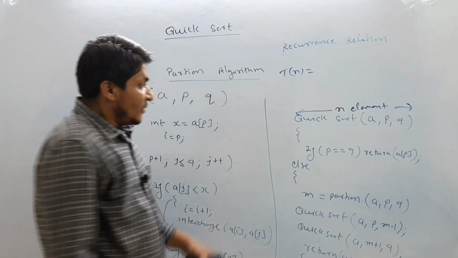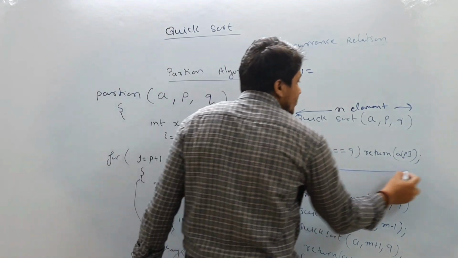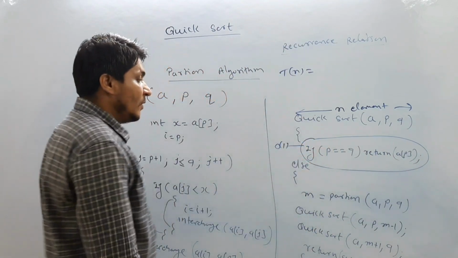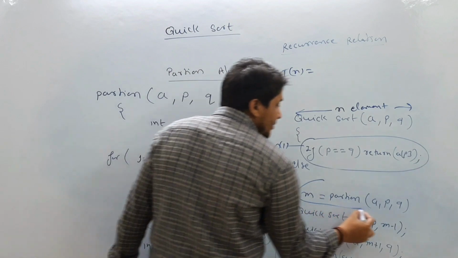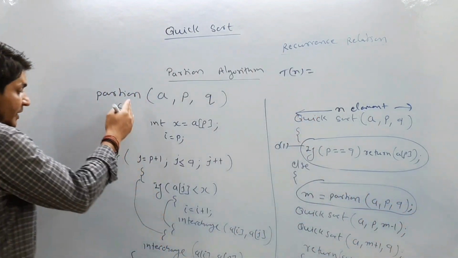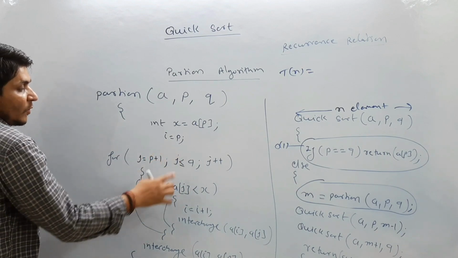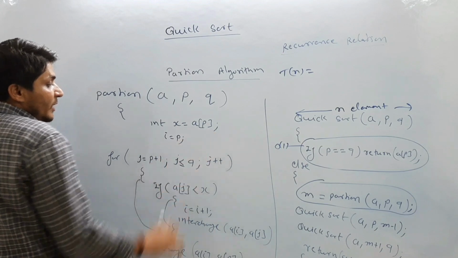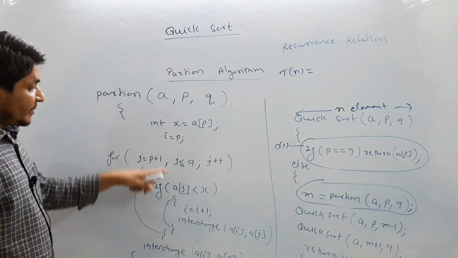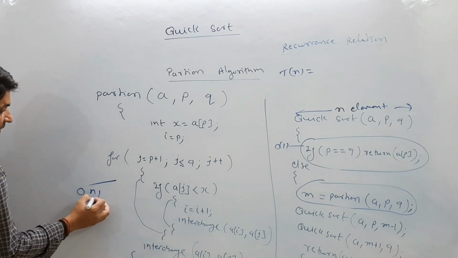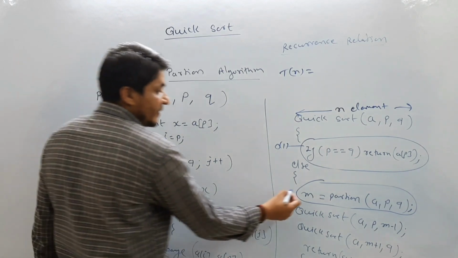This is a comparison, and a comparison always takes order of one time. Now this is what we are calling the partition algorithm. In the partition algorithm, there is only one for loop, which executes up to the number of elements, comparing an element each time, so it will take order of n time.